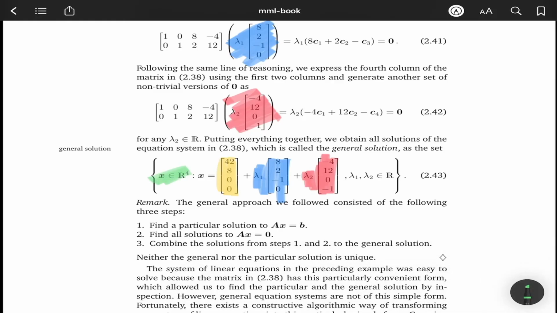That's what they do here. It's 4-dimensional, and this set has to satisfy this equation, yellow plus blue plus red. And blue and red have a scalar, and this scalar can be any scalar.